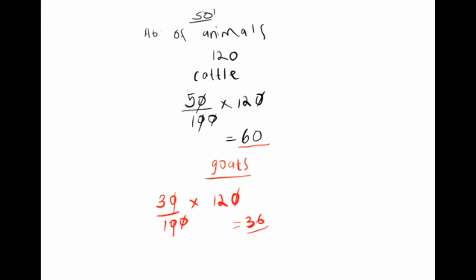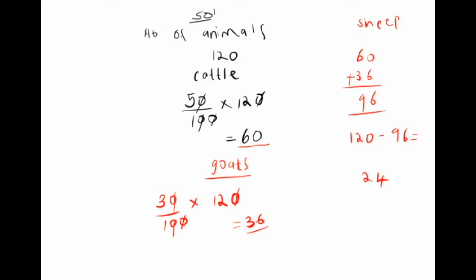Then for us to get the number of sheep, let us take the number of cattle plus the number of goats, which is 60 plus 36. It will give us 96. Then we subtract from the total number of animals, which is 120 minus 96. We shall get 24.